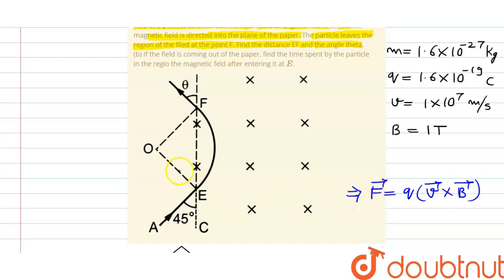So this force will act in this direction, from E to O. So we can say that this particle will trace a circle and this EF curvature is part of that circle.